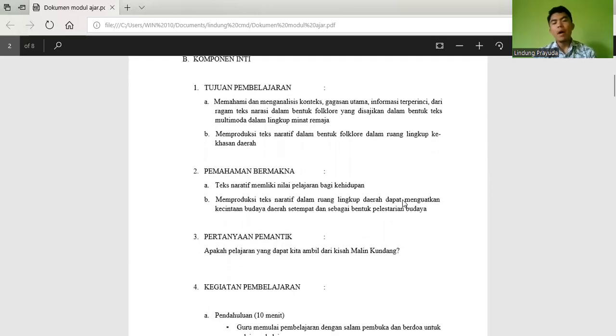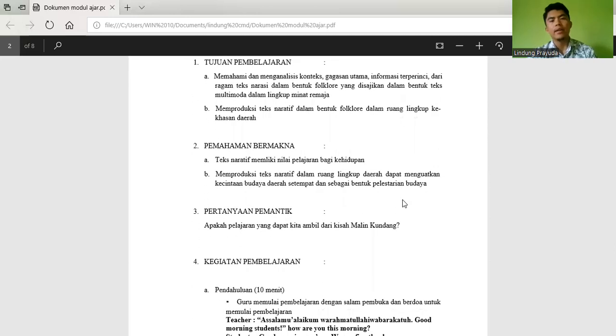And for pemahaman bermakna in this teaching module, narrative text has value for our life, and we can get some moral value from the story for our life.